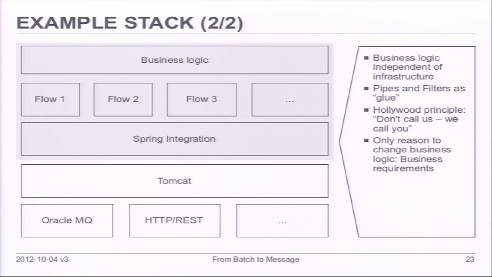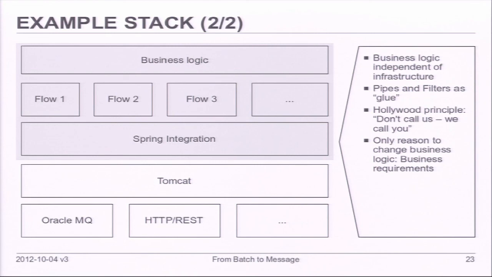What is really nice here is that there is only one reason to change your business logic. That is when your business requirements are changing. If you need to connect to a different message broker, or if you need to change authentication or compression or something like that, you do that as one part of your pipes and filters architecture, and your business logic is decoupled from that.